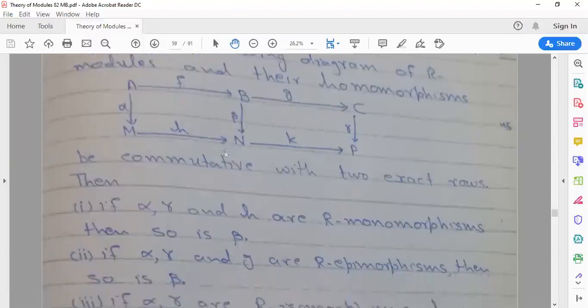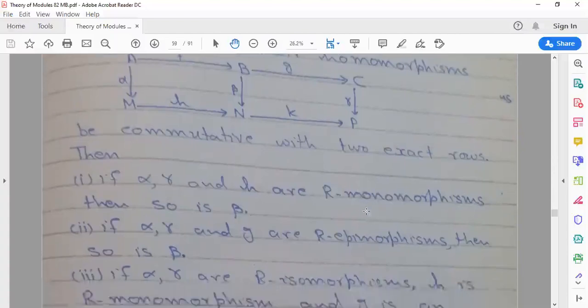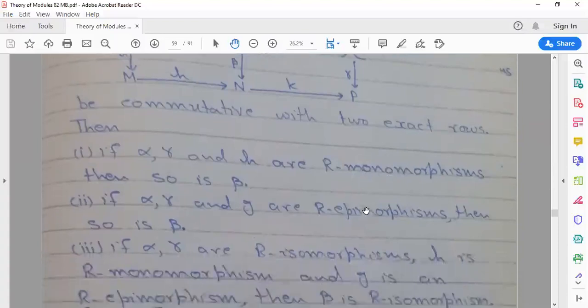The second part states that alpha, gamma and g are R epimorphisms, then so is beta. So before starting the proof of this theorem, I have revised some definitions.